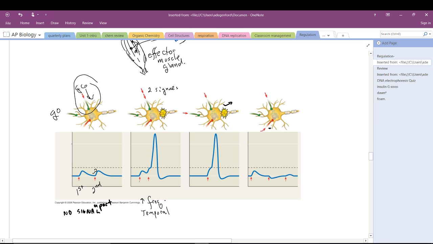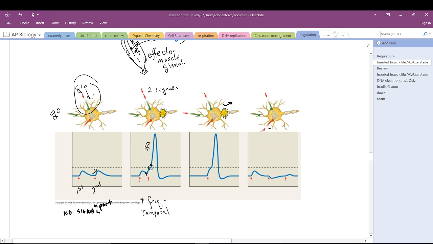We get to sum the signals because we've not let this drift back down. And notice now it hits threshold, you're going to get an action potential. The more frequent that signal is, the stronger that impulse is going to feel, even though the action potential is the same. If we keep sending and keep sending, we're going to get that sensation that this is a very strong impulse.